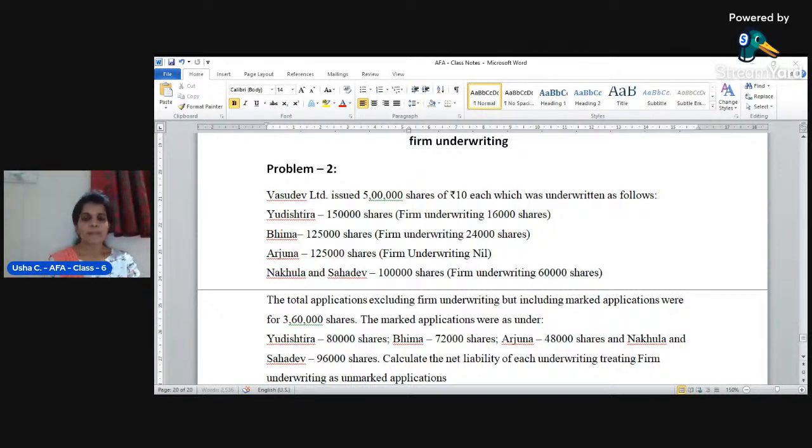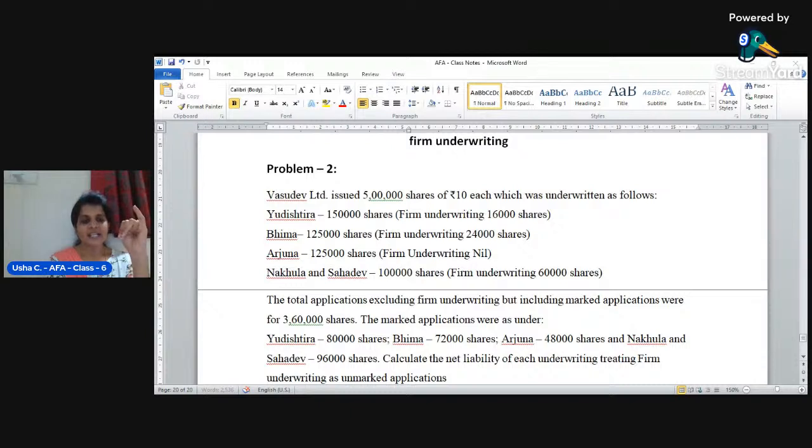Look at the problem. Here they're saying Vasudev Limited has issued 5 lakh shares of rupees 10 each, on which 4 underwriters subscribed the shares.